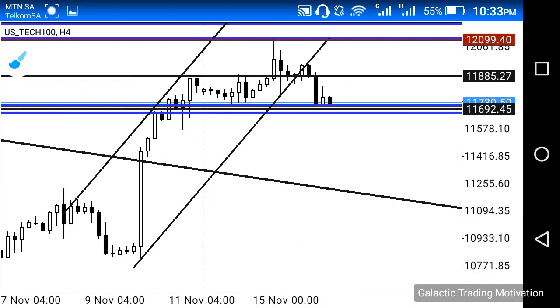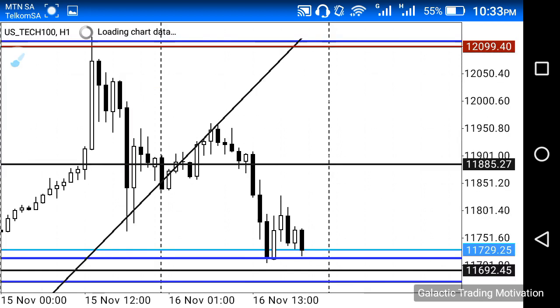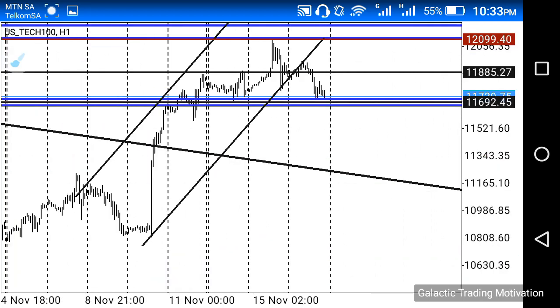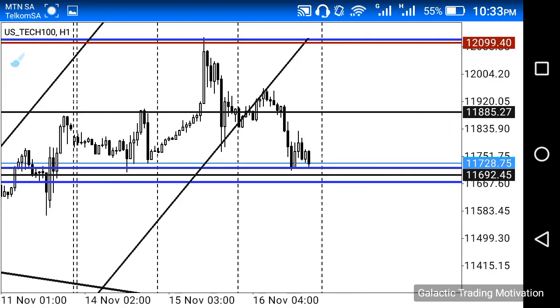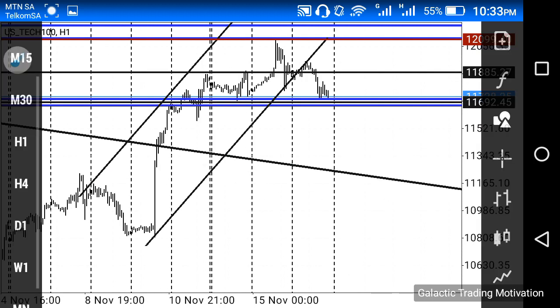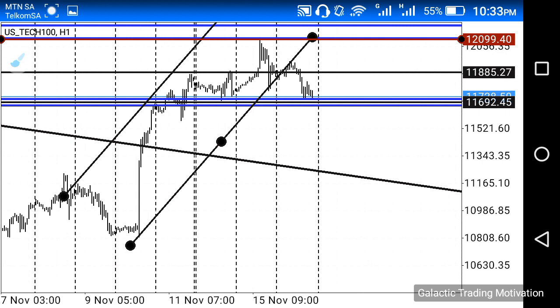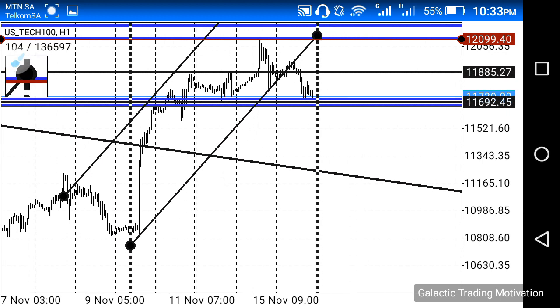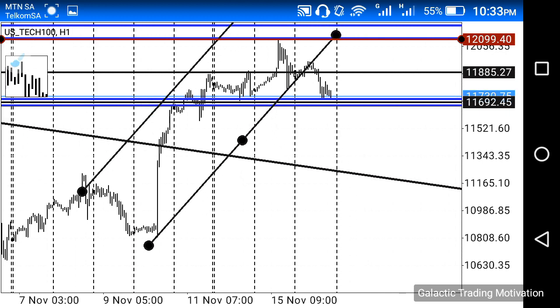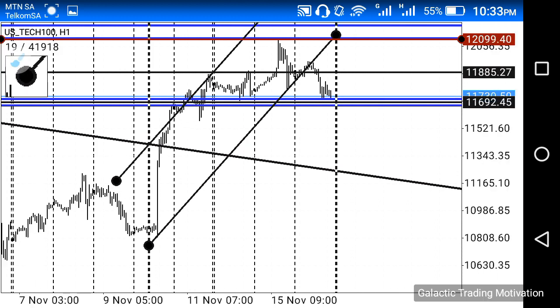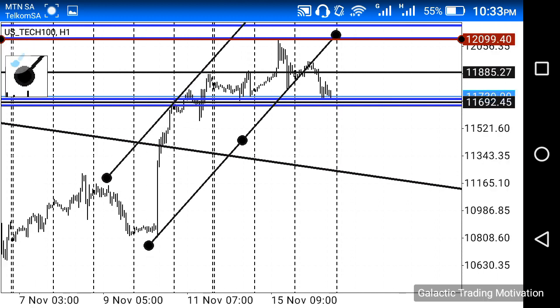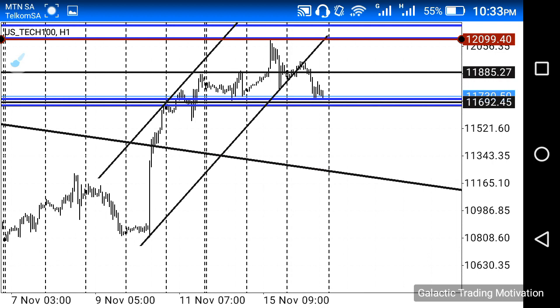So from here, what I'm going to do is head down to the H1 chart. Let's see the H1 chart. So what do we see, guys? Let me just fix my channel. Just bear with me, guys. We don't normally have a look at H1 charts, but this time around, let's just have a look at it. There we go.